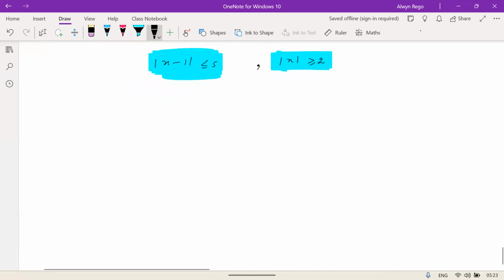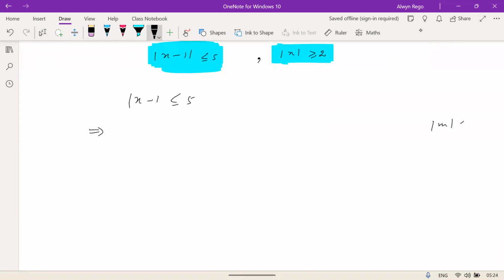You have to find the solutions which abide by or agree with both the components of this system. So supposing you have here, if I go by the first one, I'll first digest the first inequality. Absolute value of x minus 1 is less than or equal to 5. Obviously implies that if you have modulus of m less than or equal to 5, then m is sandwiched between 5 and minus 5.